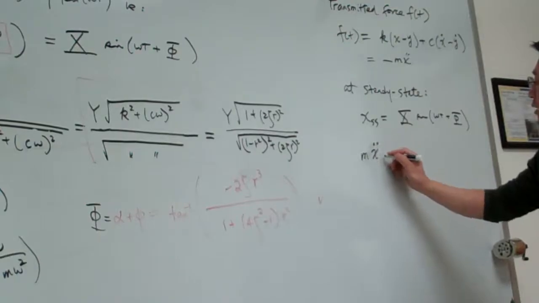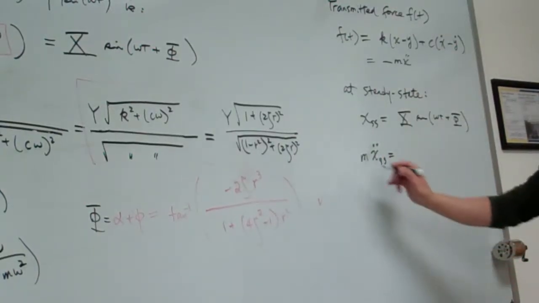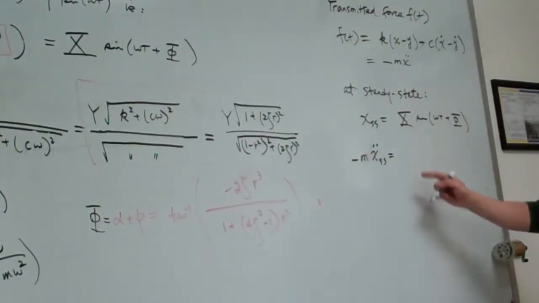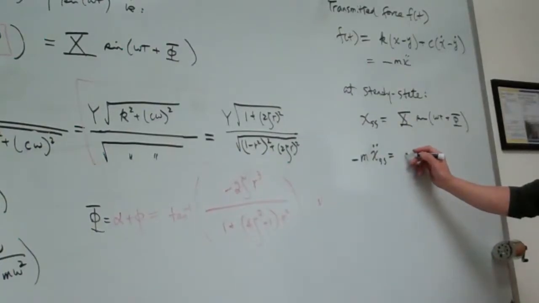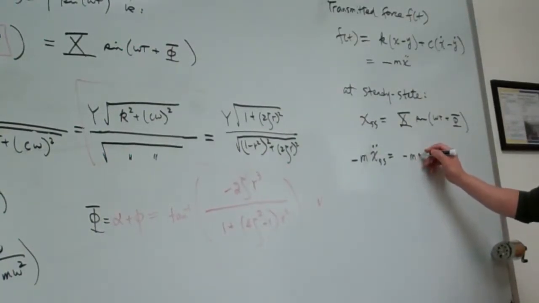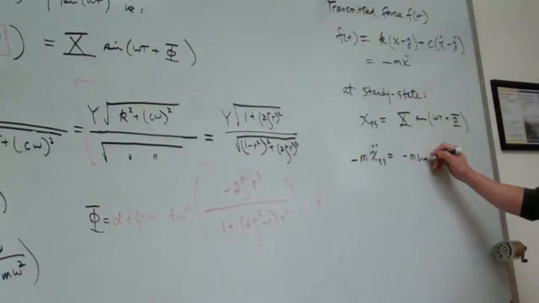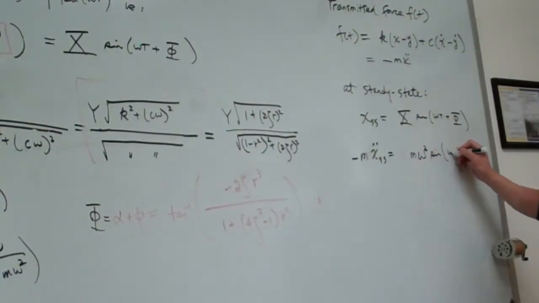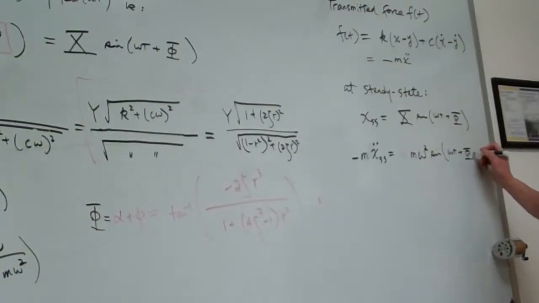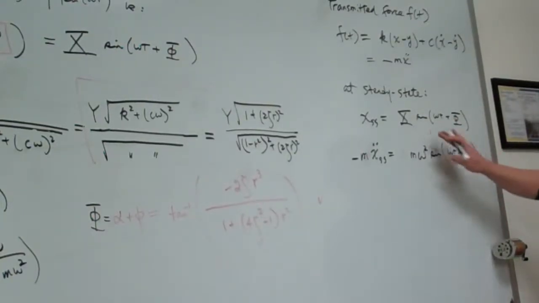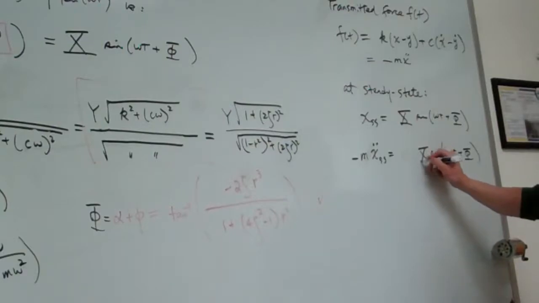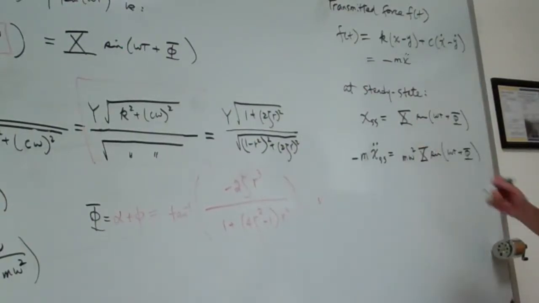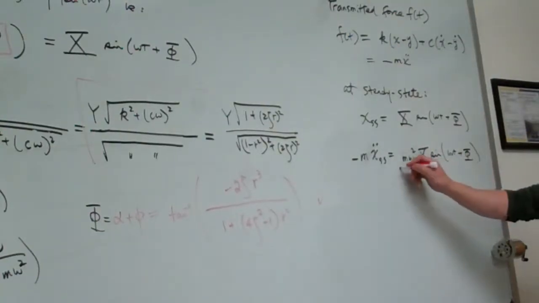So m x double dot at the steady state, with a minus, simply equals minus m omega square sine(omega t plus phi) times capital X. This is the magnitude.